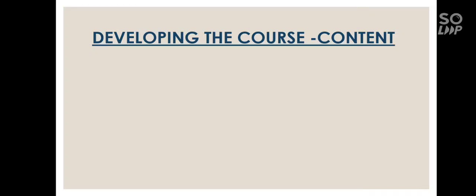For each objective, a question should be asked: how to accomplish these objectives? The answer to this question brings out the course content to be taught for accomplishing the corresponding objective. This exercise helps in developing the desired syllabus.